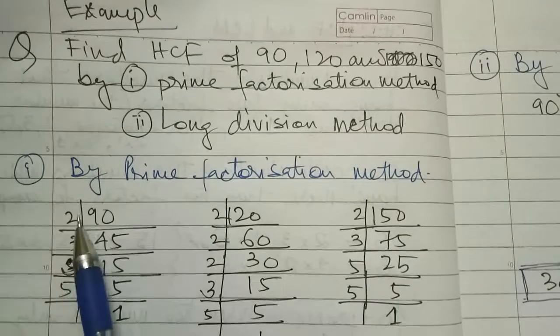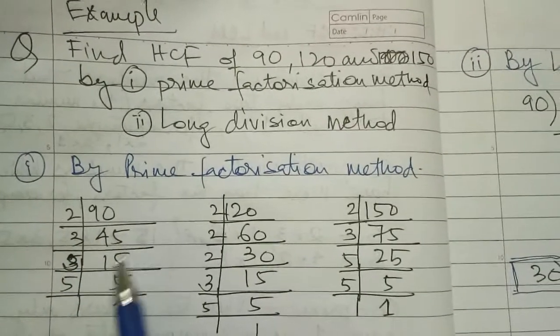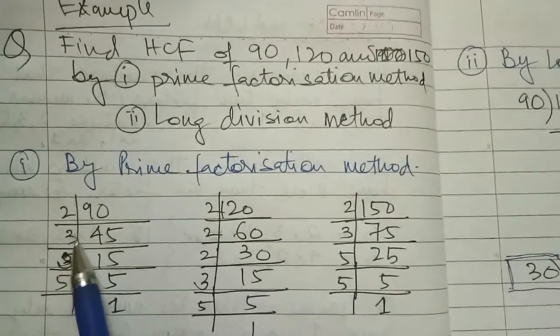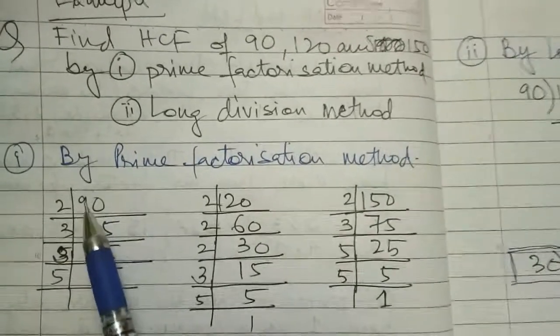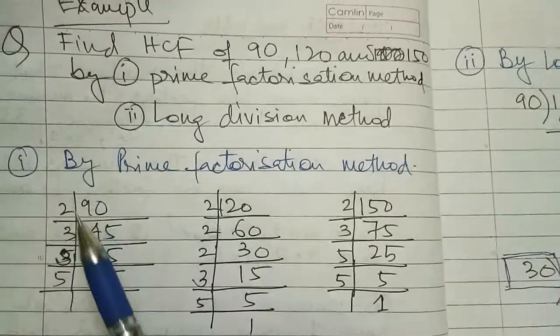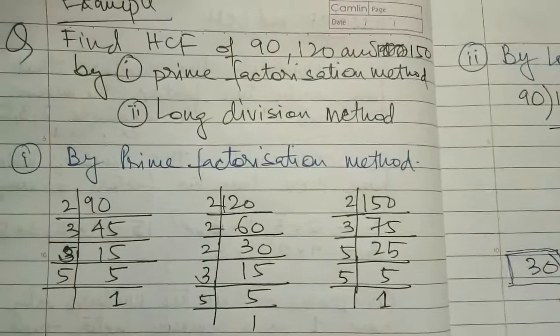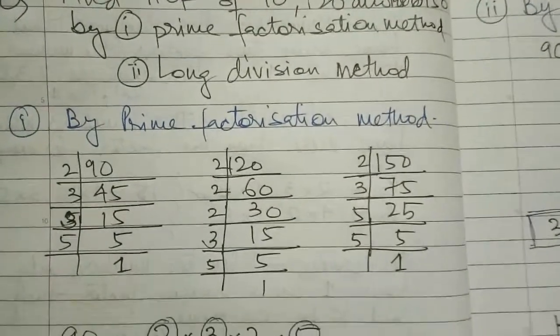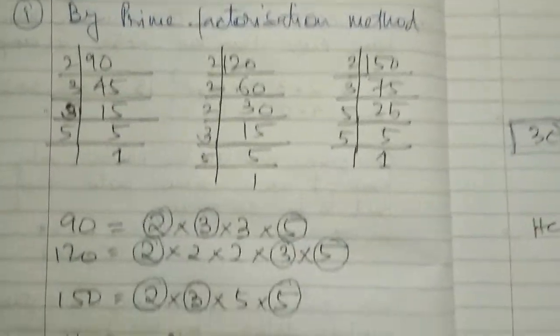Don't jump. After 2 it is 45, which is also divisible by 5. I should have written 5, but I have not, because you have to go systematically: 2, then 3, then 4, 5, like that, for the prime factor method.